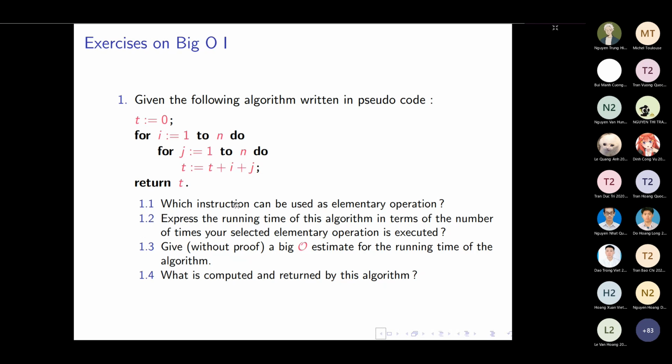And the sum of the integers from 1 to n, you all have learned, is n times (n plus 1) over 2. So the sum of all j is n squared times (n plus 1) over 2. And the same can be applied to i here. So that makes 2 times n squared times (n plus 1) over 2, which is the answer.